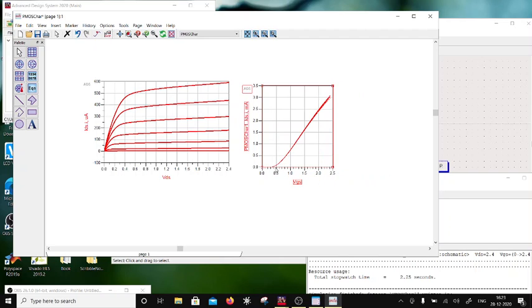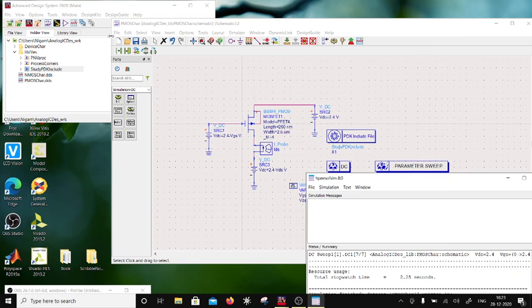The turn-on voltage is going to be slightly higher, around 0.3 volts, and the GM would be smaller because mu p is smaller. Similarly ID is smaller because mu p is 1/3 of mu n, or mobility, right? So this basically is a small exercise on NMOS and PMOS characteristics.